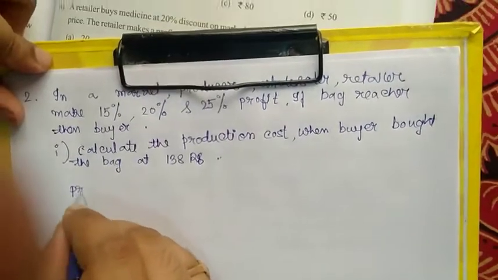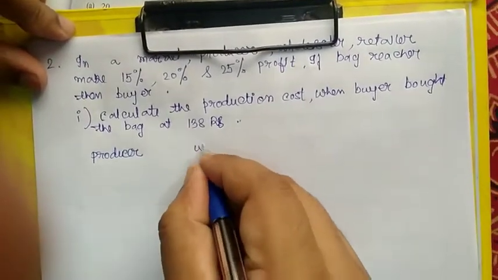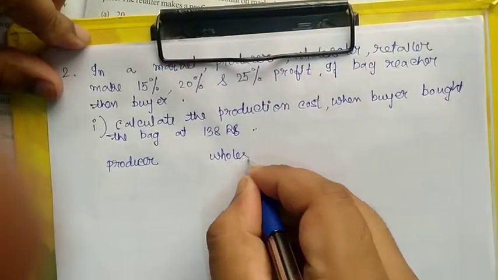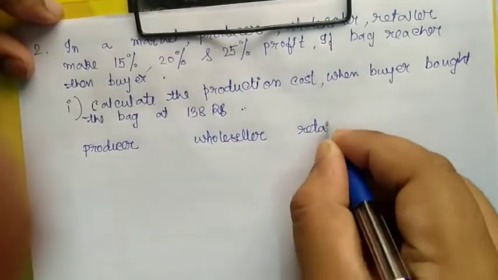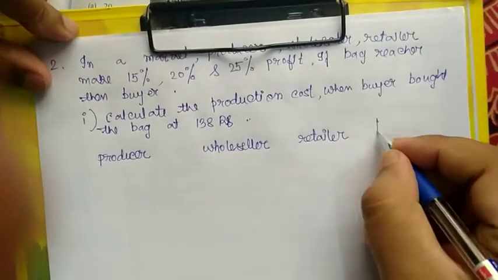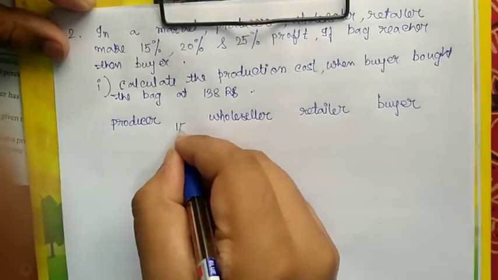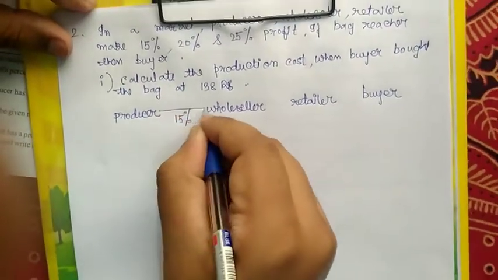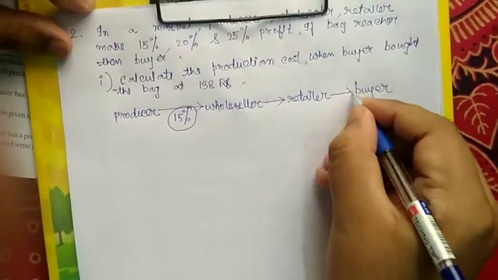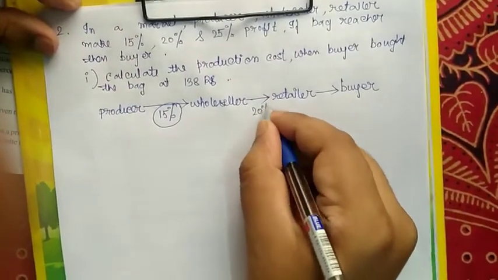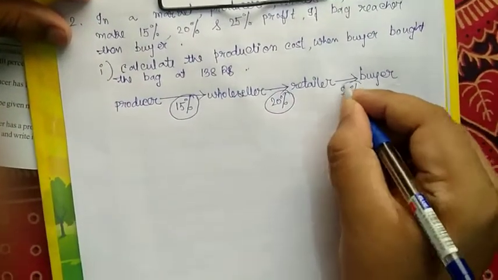First is producer, then wholesaler, then retailer, and then buyer. This is 15% profit, this is 20% profit, and this is 25% profit.